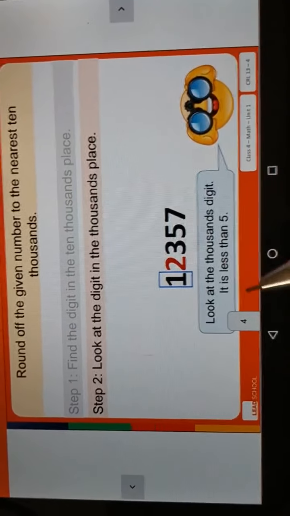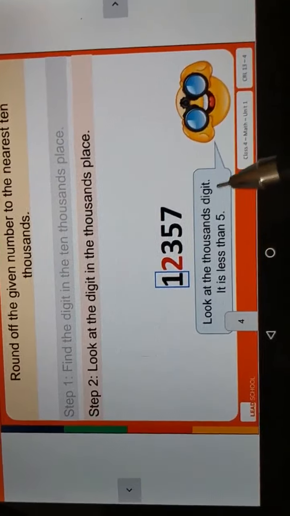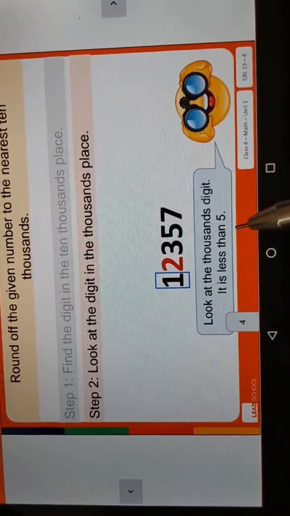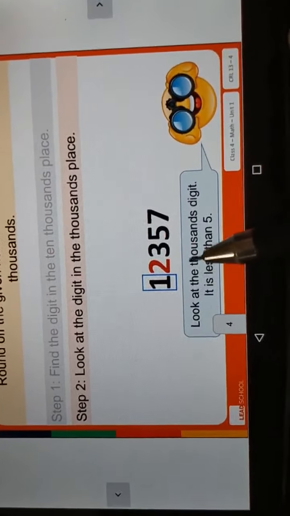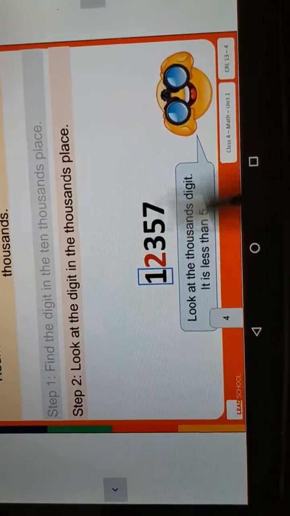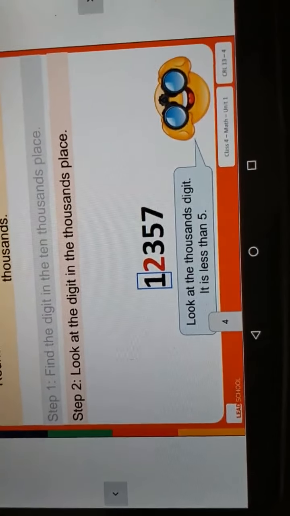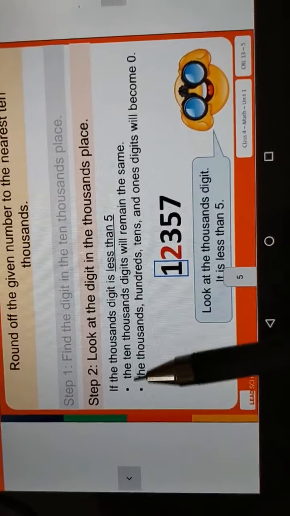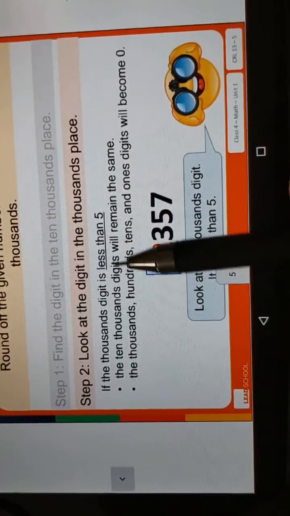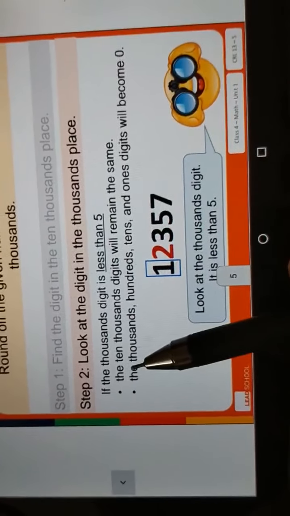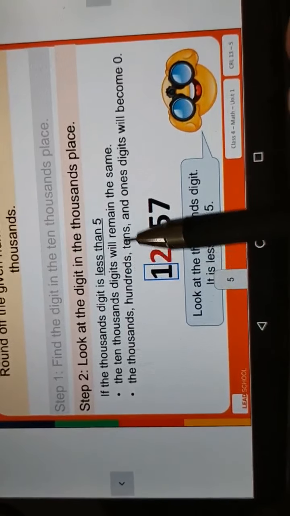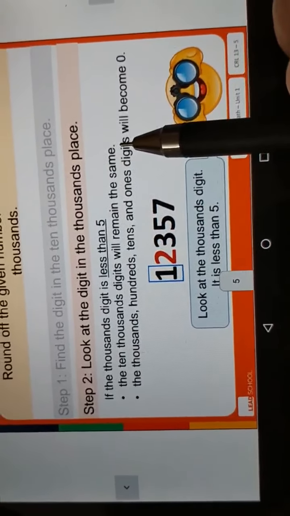Then second step, locate the 1,000 digit. Is it less than 5? That we have to locate first. If the 1,000 digit is less than 5, then the 10,000 digit will remain the same.